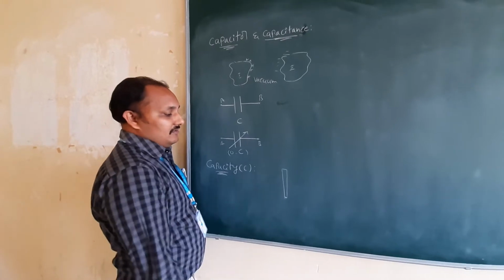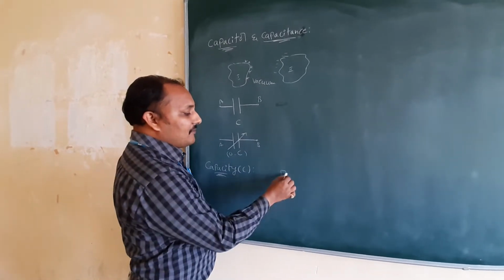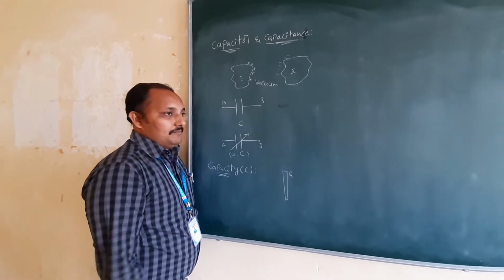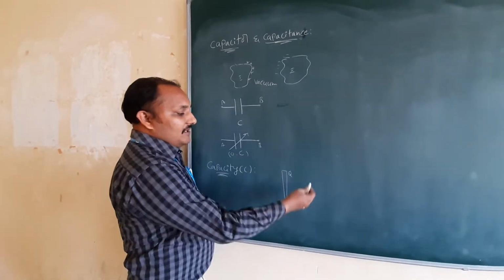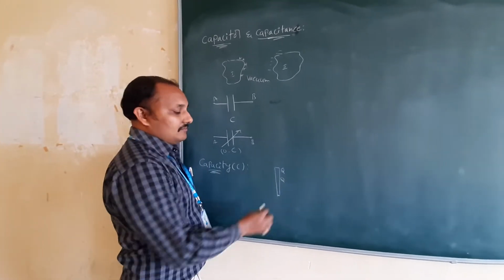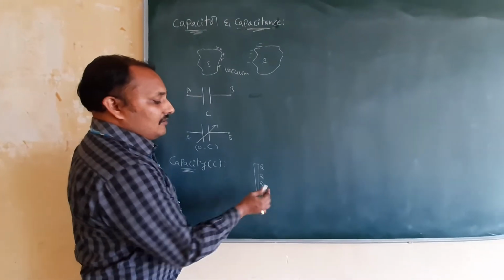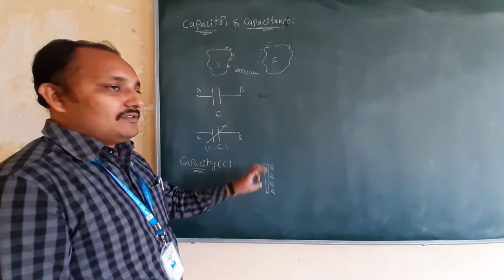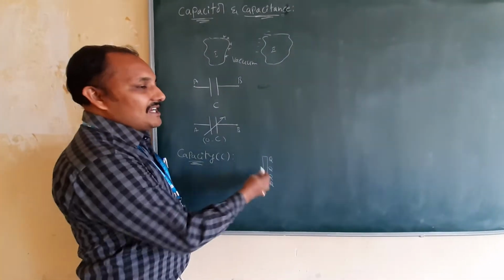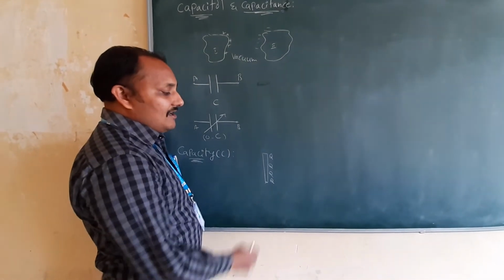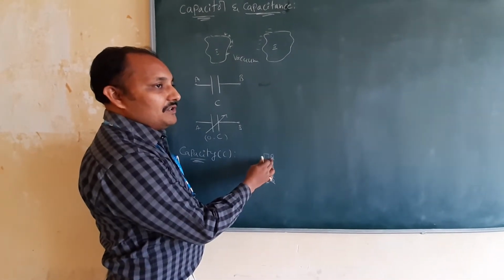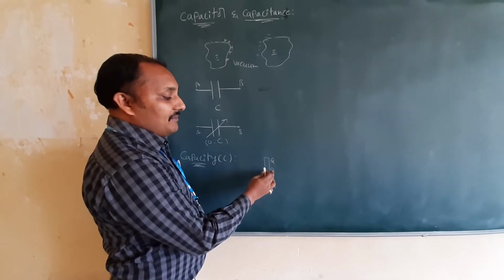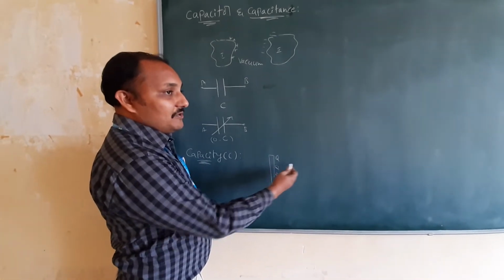How do we store the charge? Suppose I give some amount of charge Q to this conductor, then another charge Q, and so on, a total of 4 charges. This is only to help you understand. When I give the first Q, we need not do much work, but when I give the second charge Q to this conductor, we should do some amount of work.